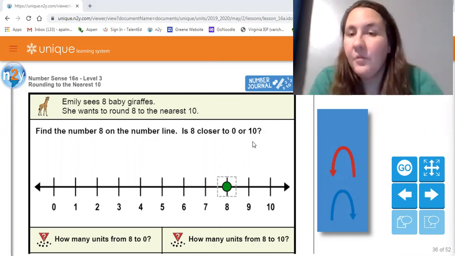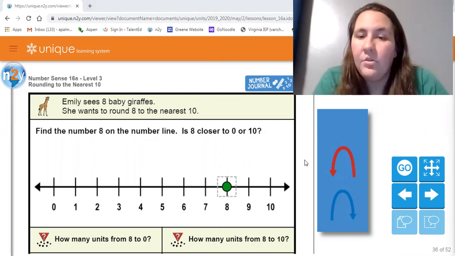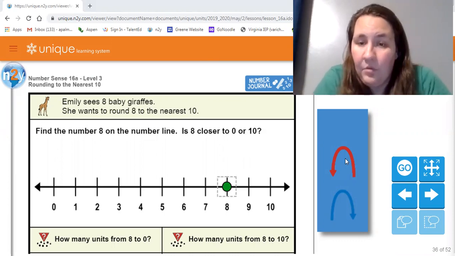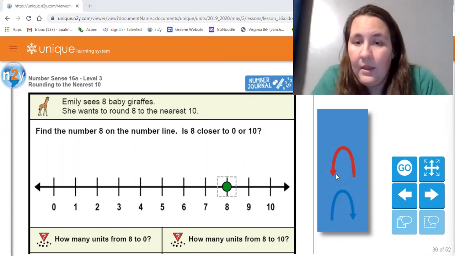So if you remember from my strategies, I said I always use my red arrows to go back to get to the previous number. So you can see here, it's pointing backwards. So we're gonna count together.